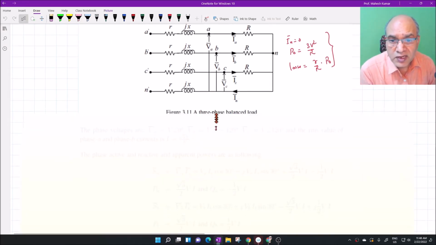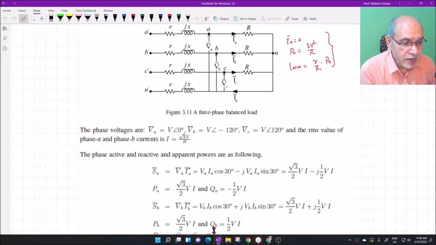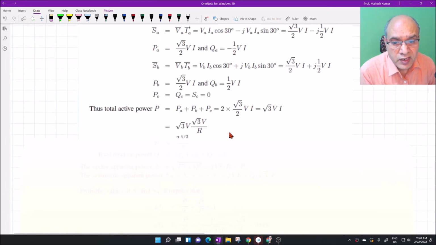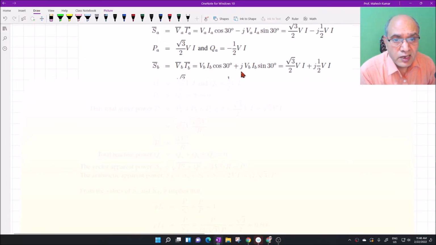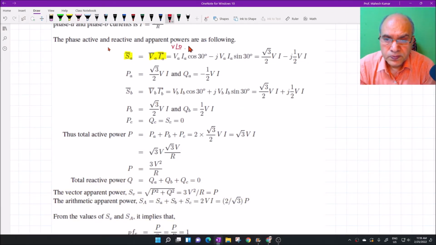Now let us find out the individual phase powers, that is SA, SB and SC, and find out their vector apparent power and the arithmetic apparent power. You have seen that IA is root 3 B by R angle of 30 degree. Let the current RMS be I, then the angle of I is 30 degree, and this angle has to be conjugated.